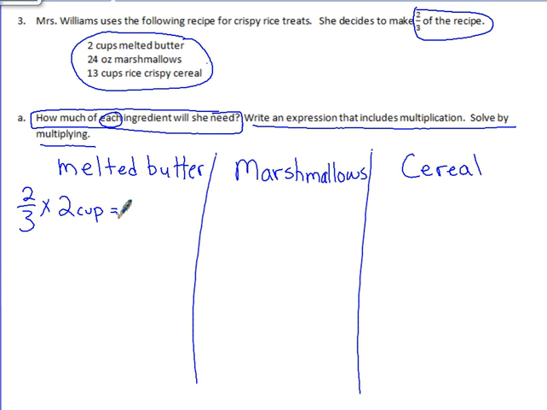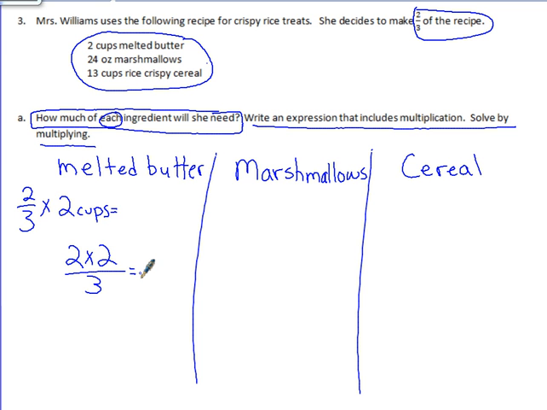Let's see. It looks like one of those ones from the last 2 problems where I had a numerator and a denominator and then I was multiplying against a whole number. And what did I do then? Think back to my toolbox of strategies. Well, I made it one of those 2 numerator, 1 denominator fractions. So I'm going to be 2 times 2. Don't worry about the cups. We can put that at the end. Over 3.